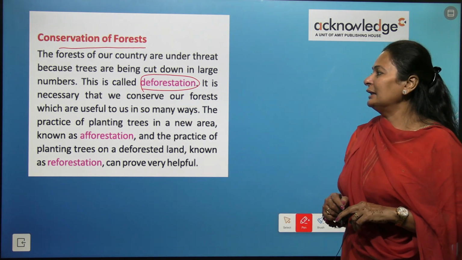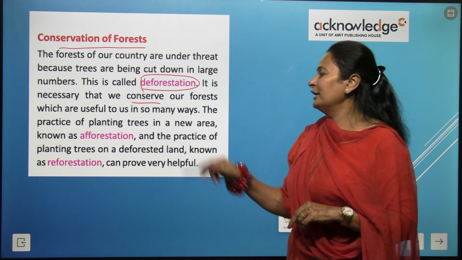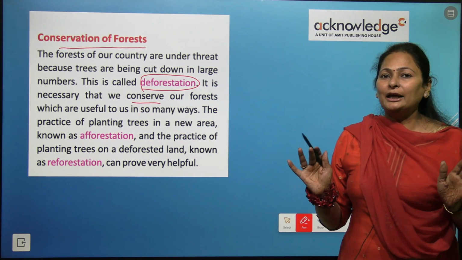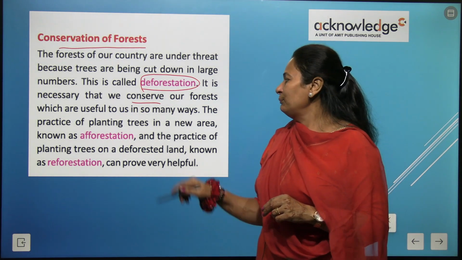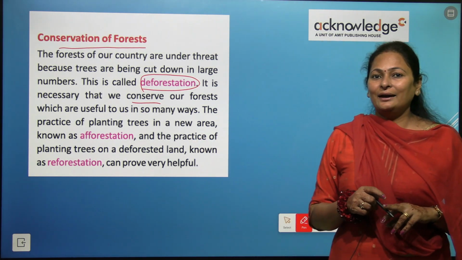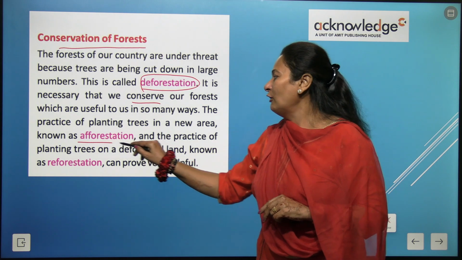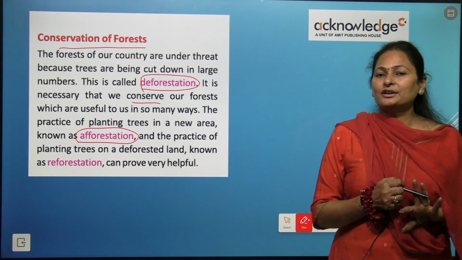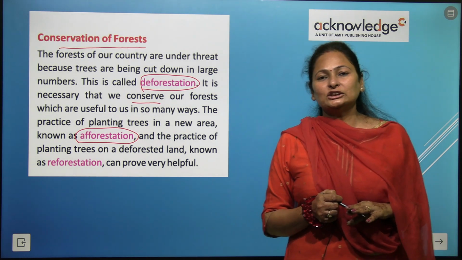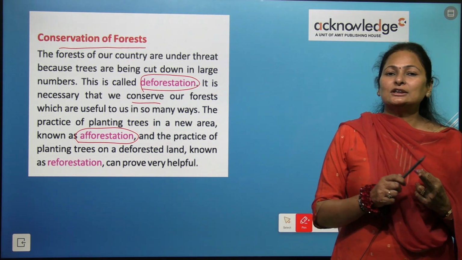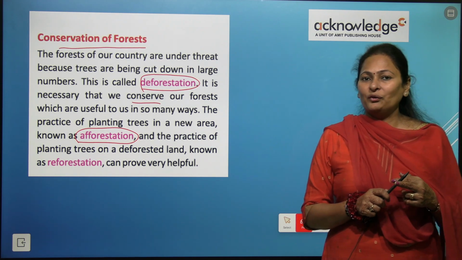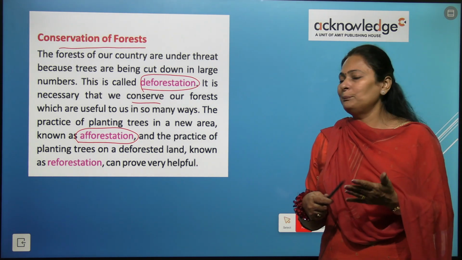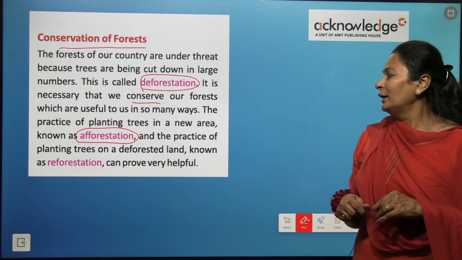It is necessary that we conserve our forests, which are useful for us in many ways. The practice of planting trees in an area is called afforestation, right? Have you understood what is deforestation and what is afforestation, kids? Deforestation means cutting down the trees, and afforestation means planting more and more trees.